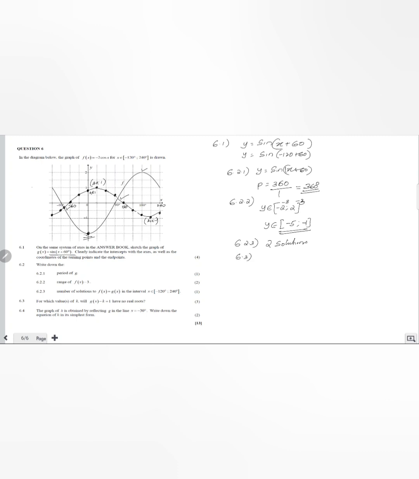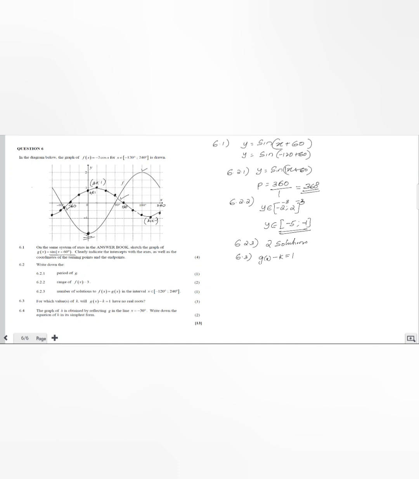Okay, now we move to the second last question, 6.3. What is that question? For which values of k will g of x minus k is equal to 1 have no real roots? So you know that graph is defined. What is g of x?